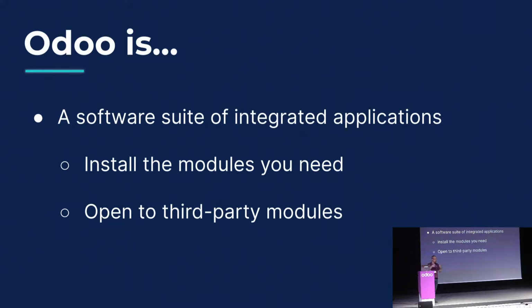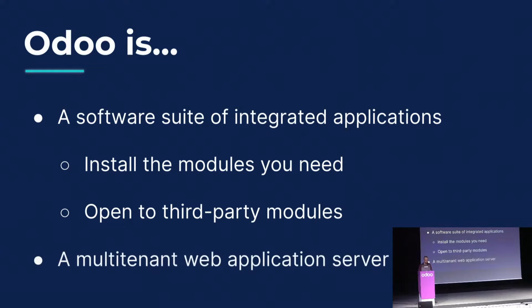It's not all or nothing. You can have just a subset of the applications, and that's actually the good way to use it. And the fact that we have modules also opens the Odoo application as a whole to third-party applications, and many of you actually take advantage of that.